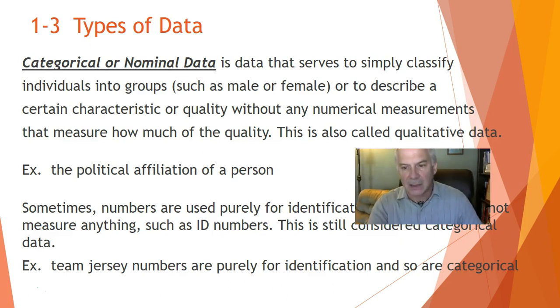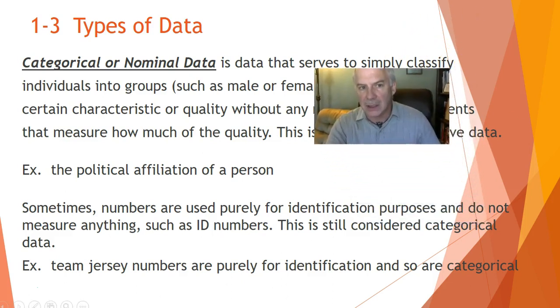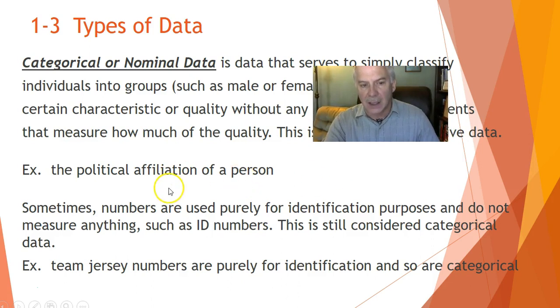All right. Now sometimes numbers may be used in categorical data. Numbers are used, but they're purely for identification purposes and do not measure anything, such as ID numbers. So your Mercer ID number, that is data, but it's not quantitative in the sense that it doesn't measure anything.